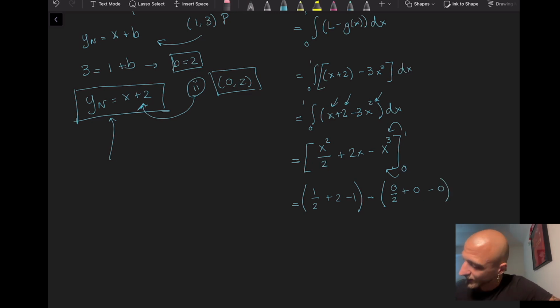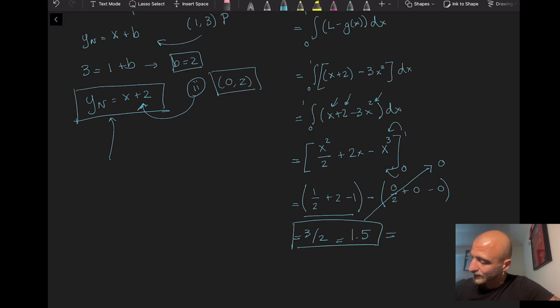What we're going to notice is that all of these terms reduce to 0, so I'm only left with whatever I've got over here. Okay, nice. 2 minus 1 gives me a 1. So a 1 plus a half gives me 3 halves, which is equal to 1.5. And this should be equal to the area R enclosed by the y-axis, g of x, and the line L.